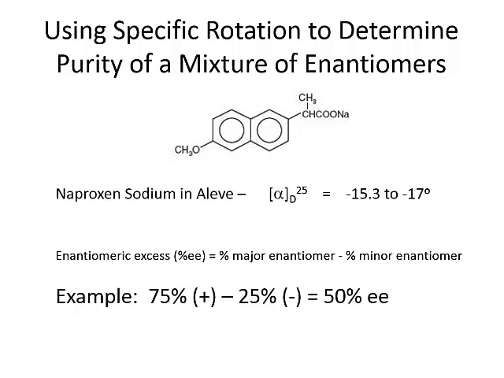And, as I will probably say numerous times between now and the next exam, there is no formal relationship between D and L and R and S. Some D molecules have an R configuration. Some have an S configuration. So you can't tell what the exact structure is from the optical rotation.